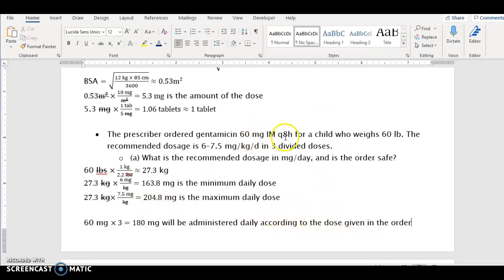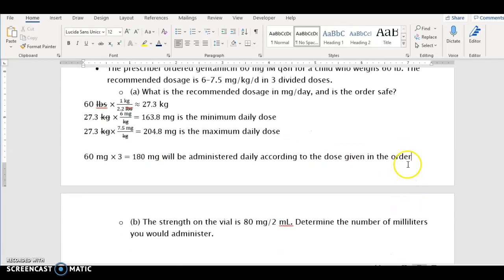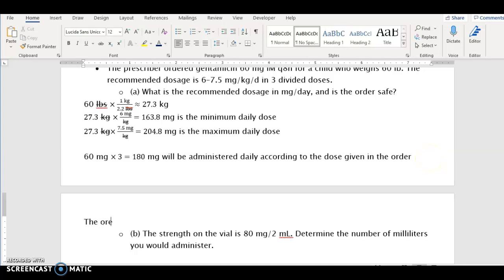Since this says every 8 hours, you would multiply by 3, since essentially you would get 60 milligrams every 8 hours. So over a 24-hour period, the patient will receive 180 milligrams, which is within the safe dose range. So the order is safe, since the daily dose given in the order is inside the safe dose range.